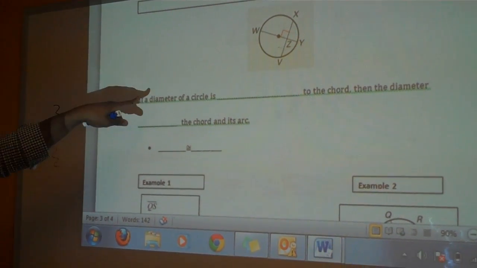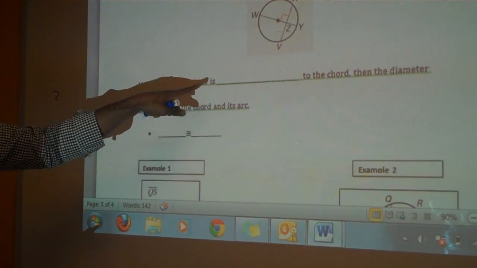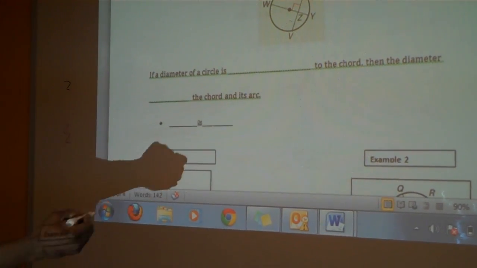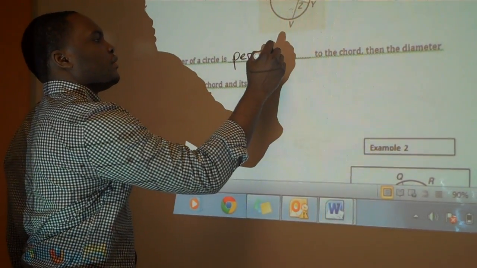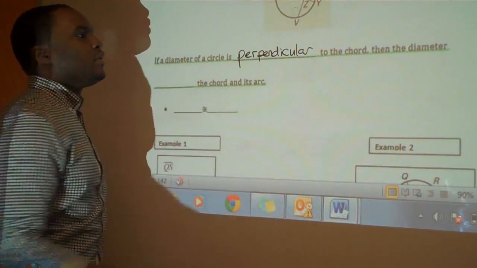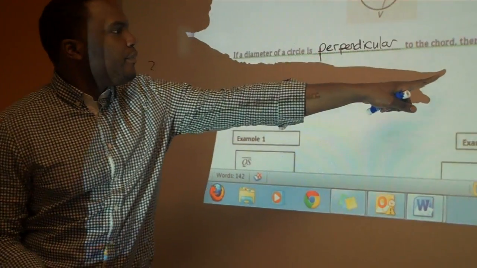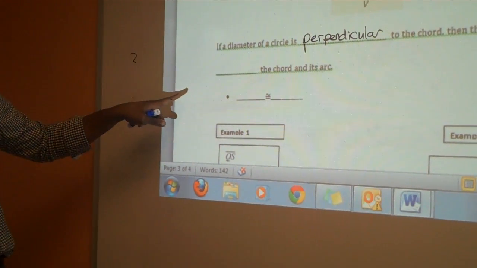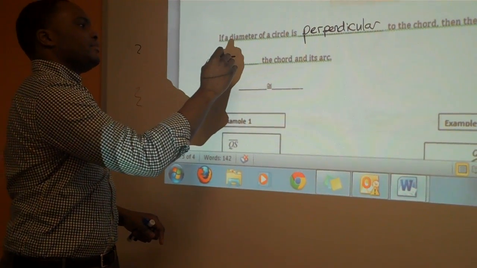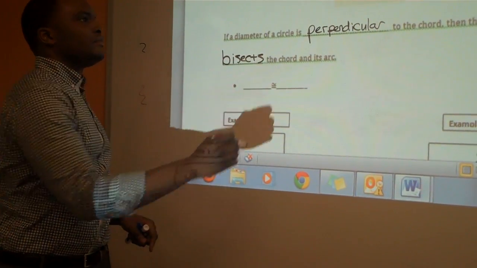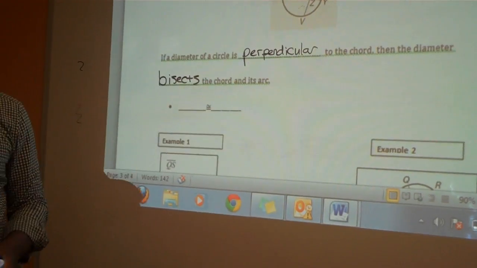So it says, if a diameter of a circle is perpendicular to a chord, then the diameter bisects the chord and its arc.